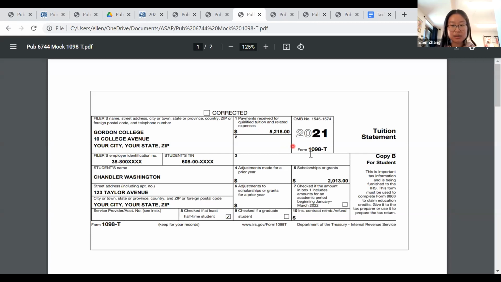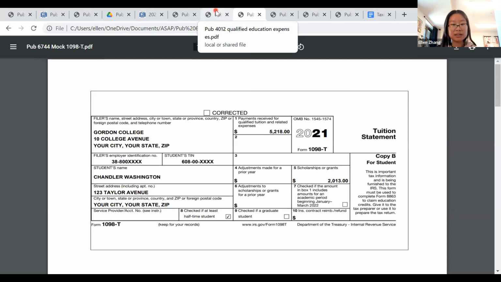And then the second most important box here is box 5, scholarships or grants. If you receive any scholarships or grants, that specific amount will show up on box 5 of your 1098T. And scholarships and grants also affect your qualified educational expenses.